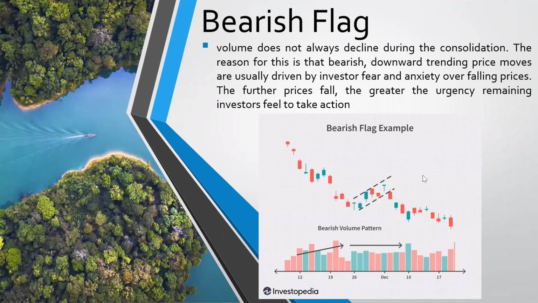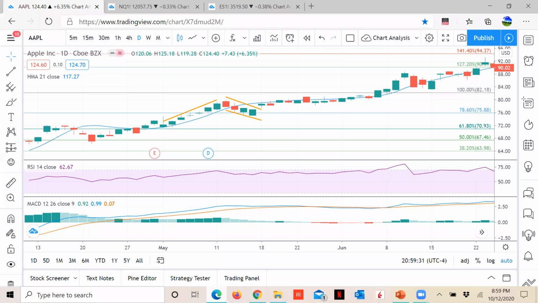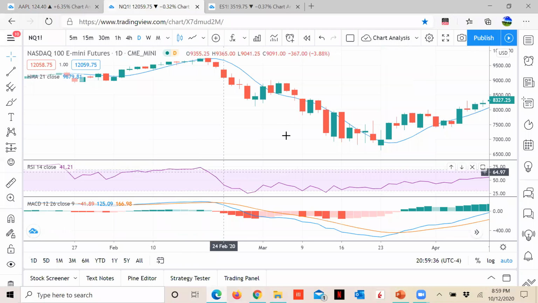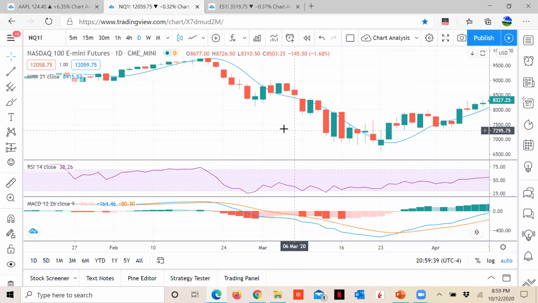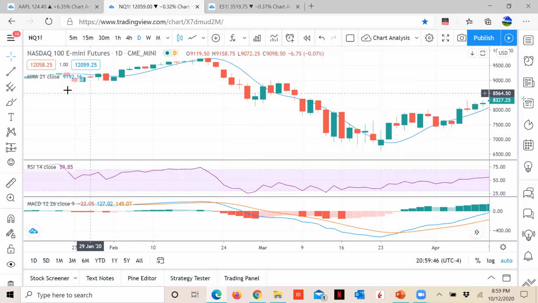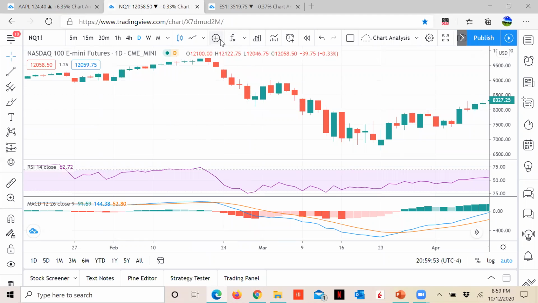So let's take a look at an example for a bearish flag. Looking at Nasdaq 100 new futures. What's the best way to find the volume? Just remove this HNA.